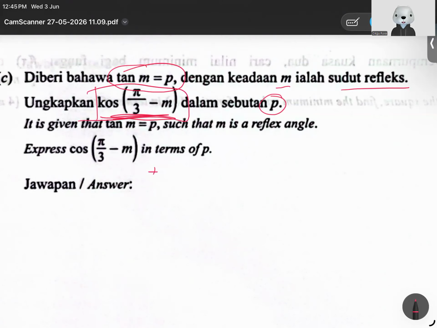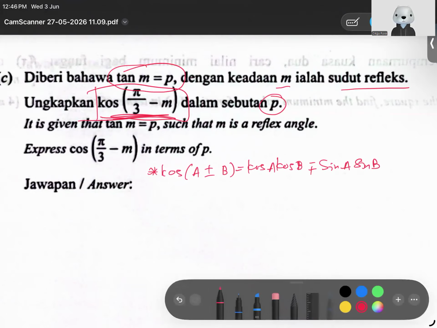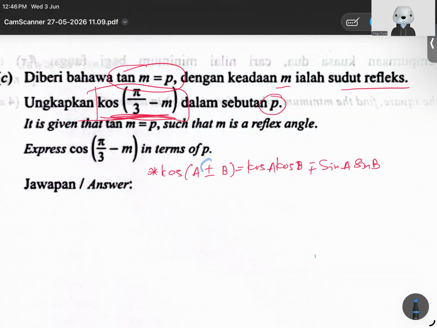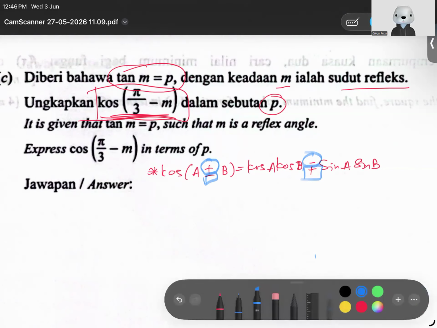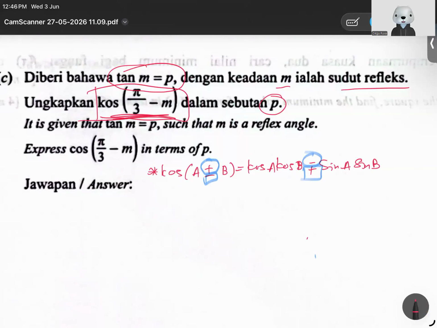There's a formula: cos(A plus minus B) equals cos A cos B minus or plus sin A sin B. This is the formula, you must know it. If it is plus here, it becomes minus there. If it is minus, it becomes plus here. That one you must take note. All right, that's what I was thinking.